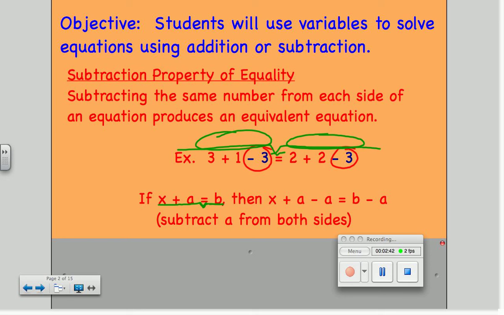So whatever I do to this side of the equation, I have to also do to this side. So here I have the x plus a again, and here I have my b. I'm subtracting a from this side, so then I also need to subtract a from this side of that equal sign. Okay? So, whatever you subtract from one side, you have to subtract from the other.